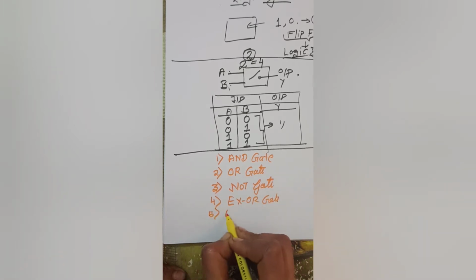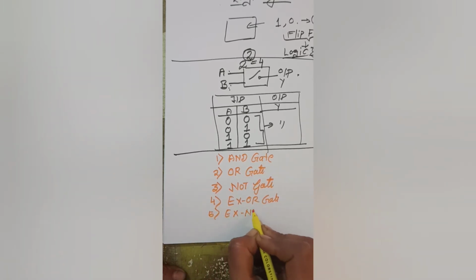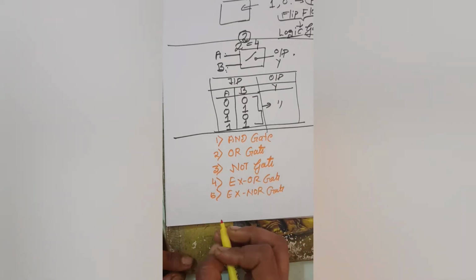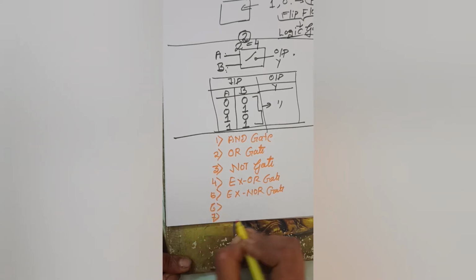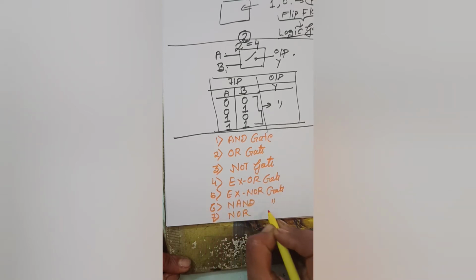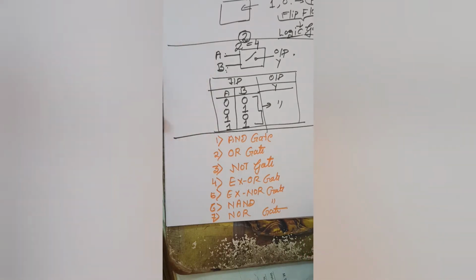Fifth is exclusive NOR gate. And 2 universal gates I am using, number 6 and number 7, which are the NAND gate and the NOR gate. So we will discuss all the logic gates accordingly.